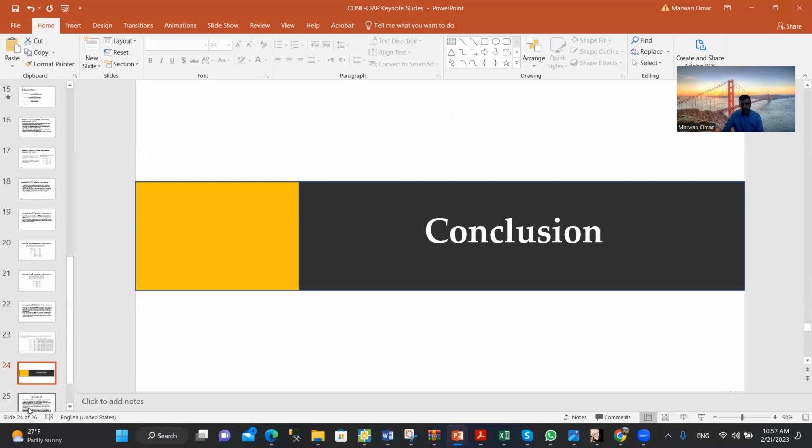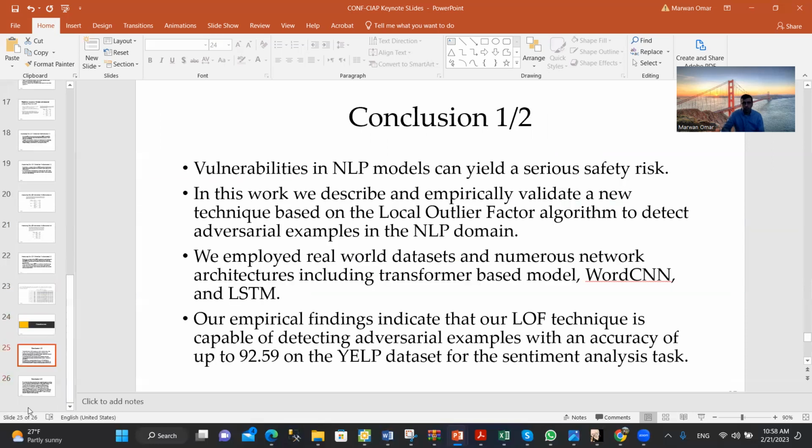To conclude, vulnerabilities in NLP models can yield a serious safety risk. In this work, we describe and empirically validate a new technique based on the local outlier factor algorithm to detect adversarial examples in the NLP domain.